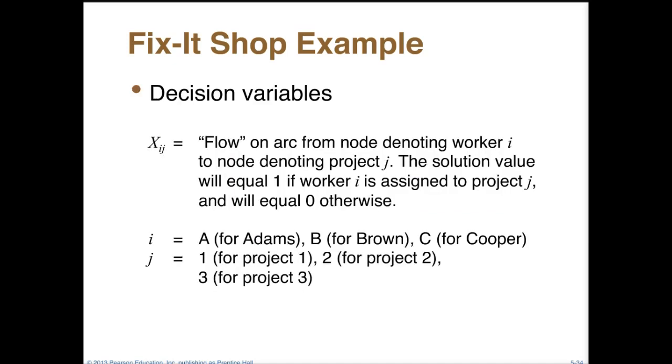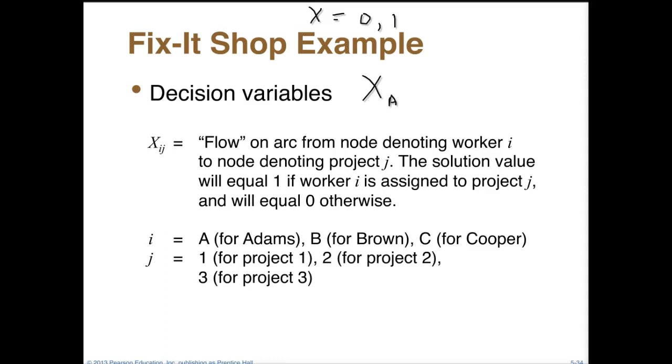And so the way that we'll label the decision variables is the number of projects here, and of course it's just going to be 1. So our choices here are either going to be 0 or 1, where 0 means that the project is not taken by that person, and 1 means the project is taken by that person.